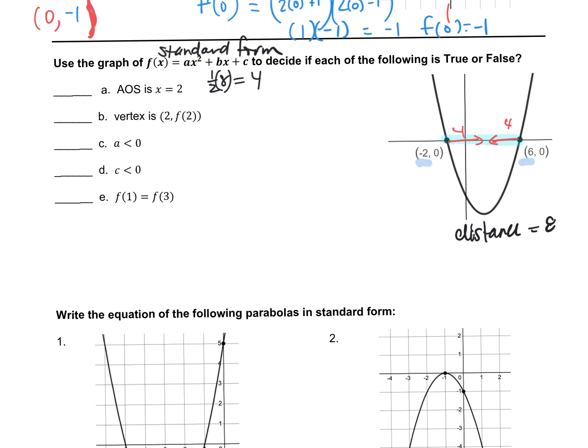So 6 minus 4 is 2. If I take -2 and add 4, I wind up at x equals 2. So this is true. The axis of symmetry is x equals 2. So again, I took half the distance, and then I count 4 both ways to get to the middle. So now I know the axis of symmetry is true.